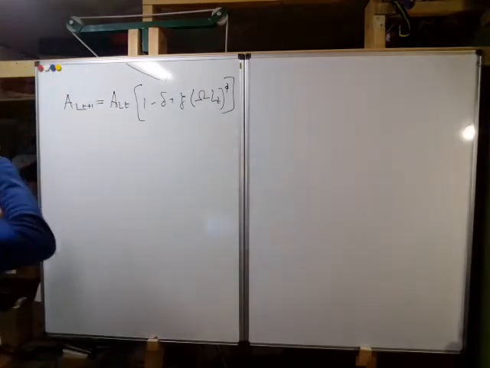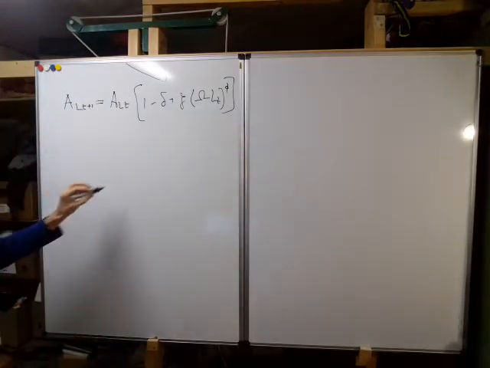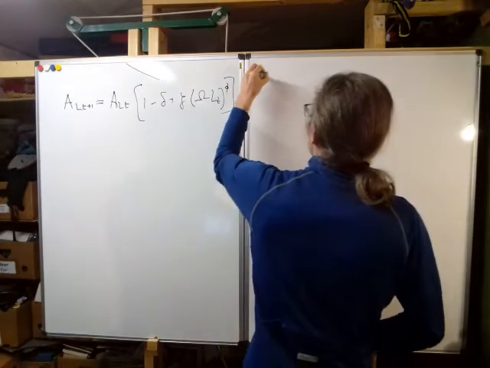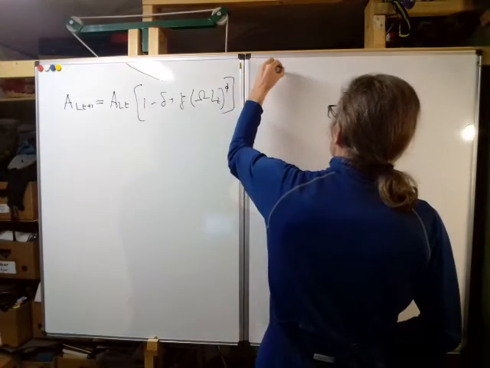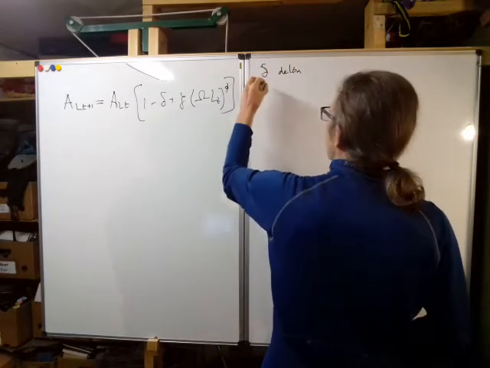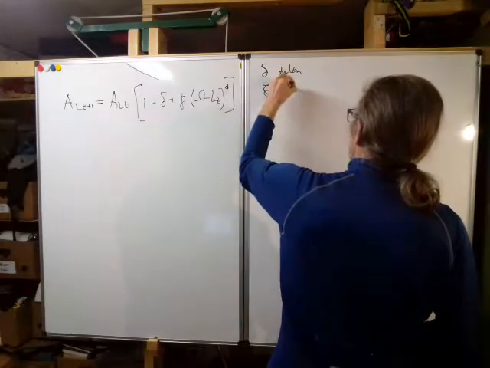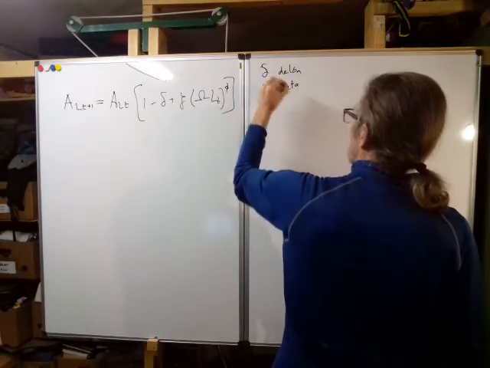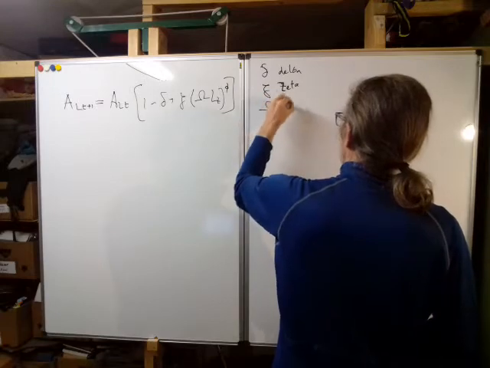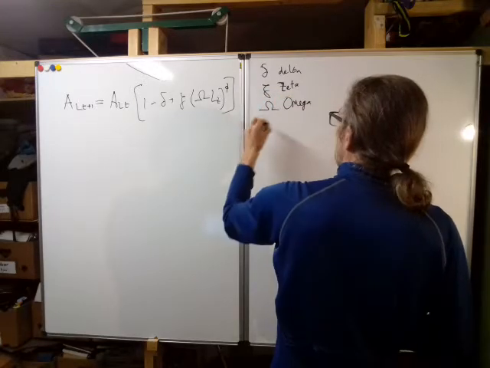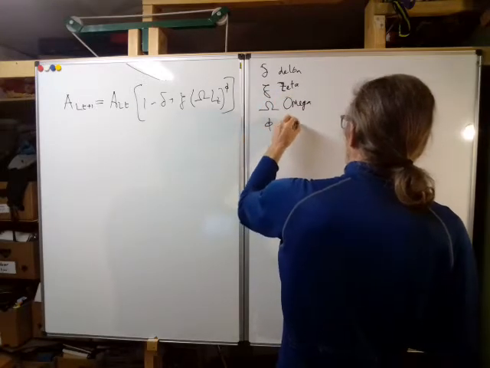A lot of Greek letters. Where shall I write those? Delta, zeta, capital omega, phi.